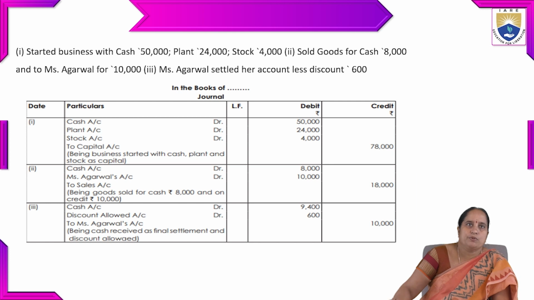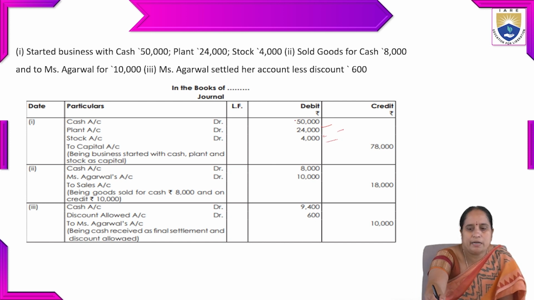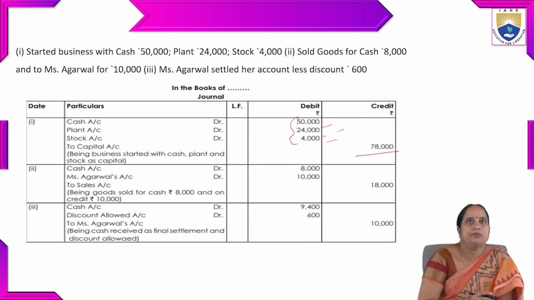In this case, if you observe, the date is not mentioned, so leave it as it is. And cash account, how much they paid, 50,000, right? And plant account 24,000 and stock account 4,000. So total, if you add all the three, 78,000.